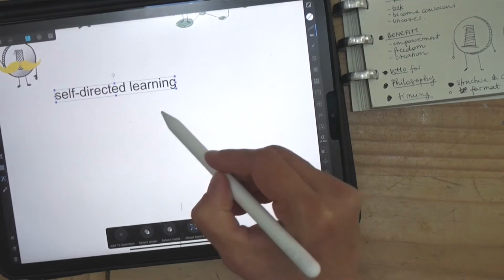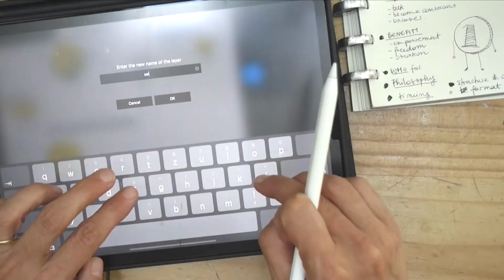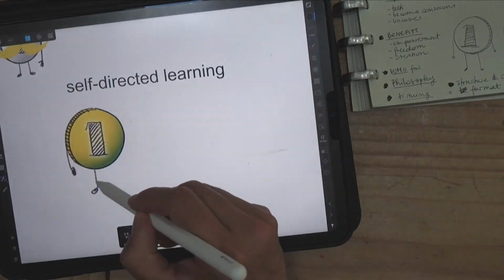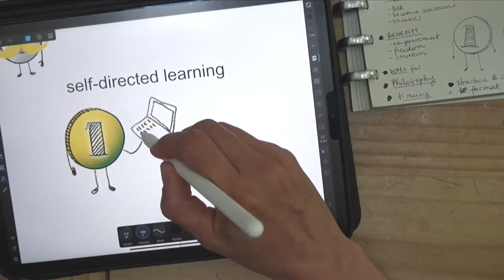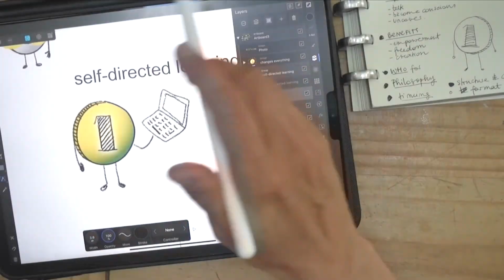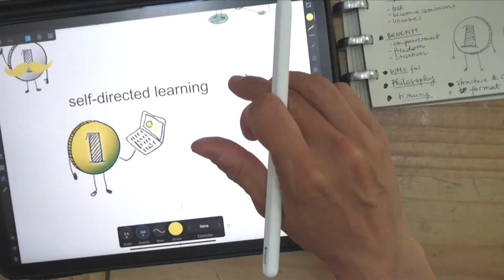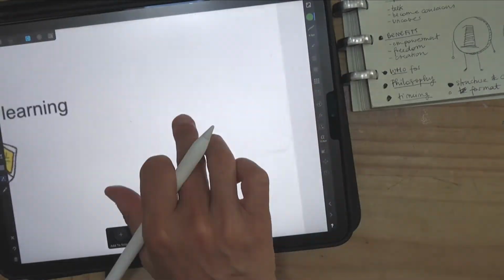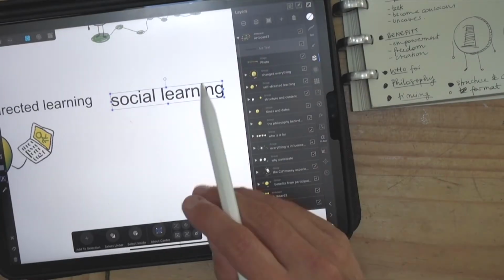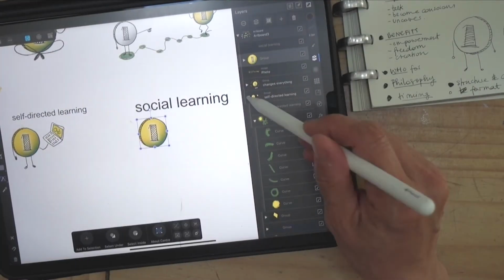Now there's a section about how we run our programs, and they're always a combination of self-directed learning. So that would be this little money person looking at their computer, watching videos and doing self-reflection. And then the other part of our programs, that's why we're calling them blended learning programs, is always social learning.